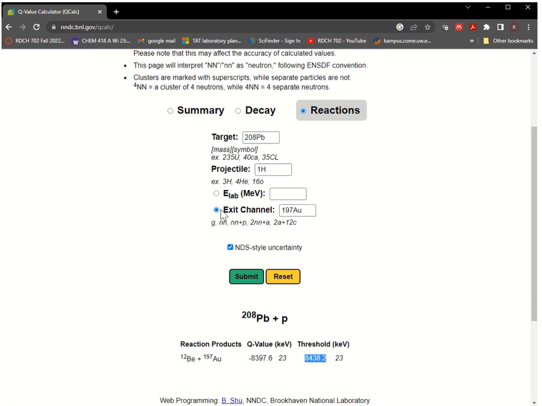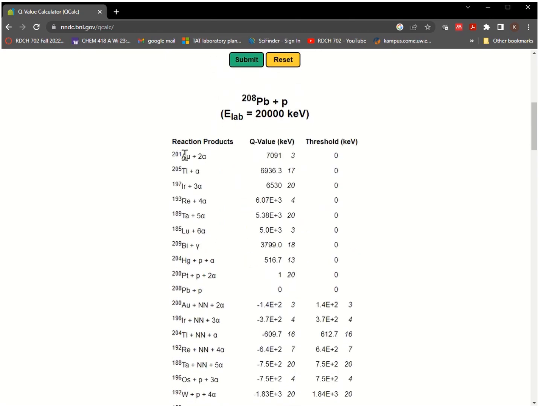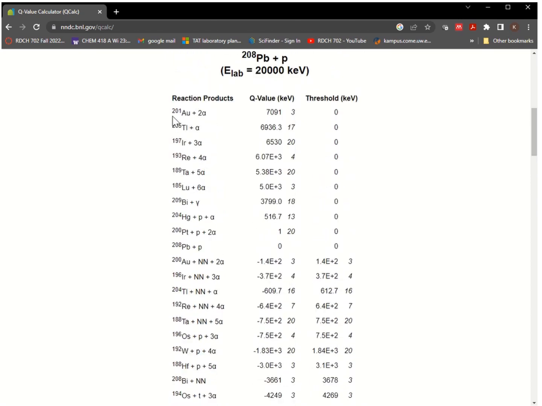Now let's say I did this reaction at a certain energy. What I also want to show is that when you discuss a nuclear reaction, often many different types of reactions occur. So let's say we'll use lead-208 as a target, our proton as a projectile, and we'll use 20 MeV as the proton energy on target. And these are all the different types of reactions that can occur. And as you see, there are many types of reactions. Here's gold-201 that's made with two alphas coming out, thallium-205 with an alpha.